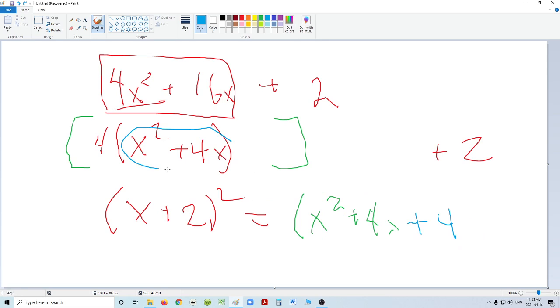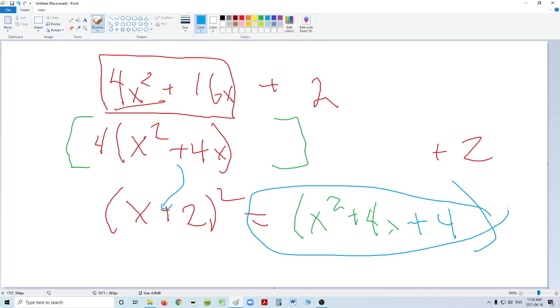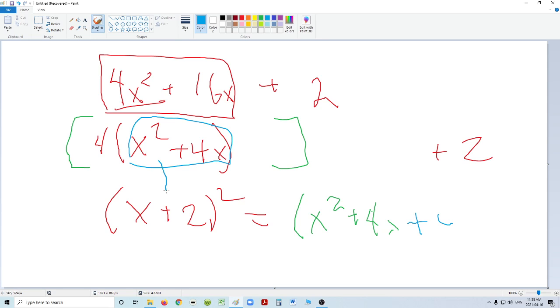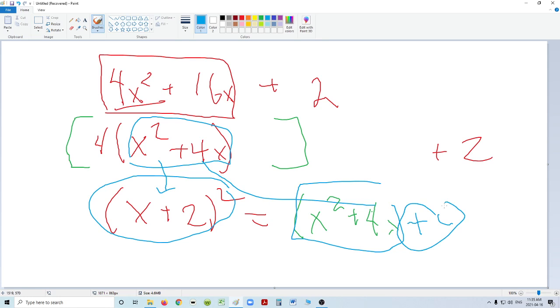So to turn this into that, I would end up with this, so I have to get rid of the 4 I created. I might have lost you there. I'm going to replace this whole thing with this. But if I do that, sure enough, I get exactly what's already there, but I'm creating a plus 4 that wasn't there, which means I now must subtract that 4 to balance this out.